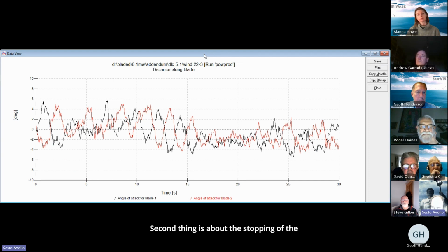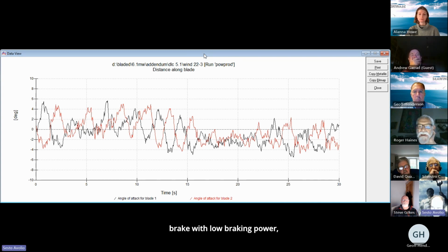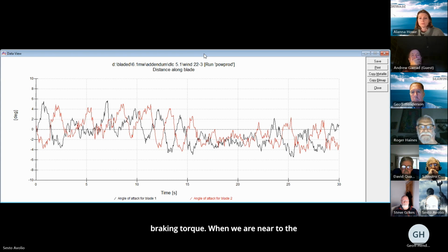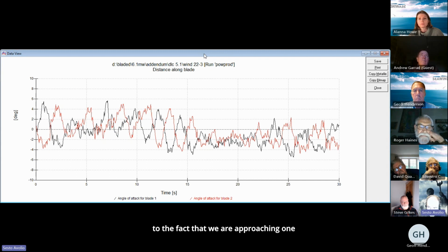Second thing is about the stopping of the turbine. We really apply the brake with a low braking power, torque, sorry. When we are near to the stop, let's say it is about 6 RPM, that's due mainly to the fact that we are approaching one of the own frequencies of the system, so we want to go through as fast as possible.